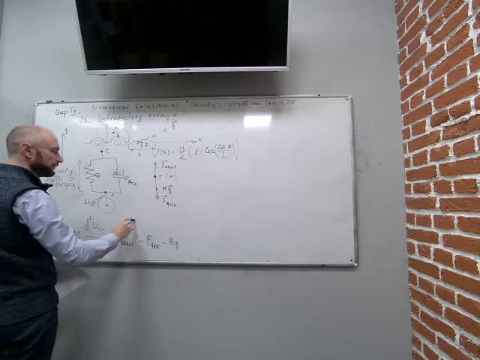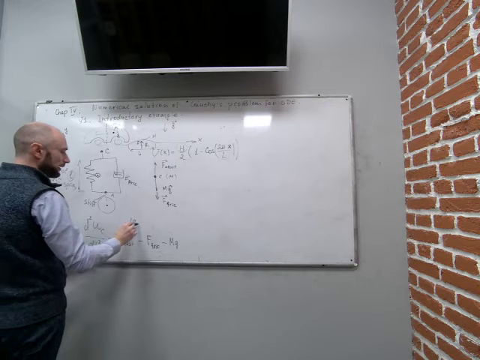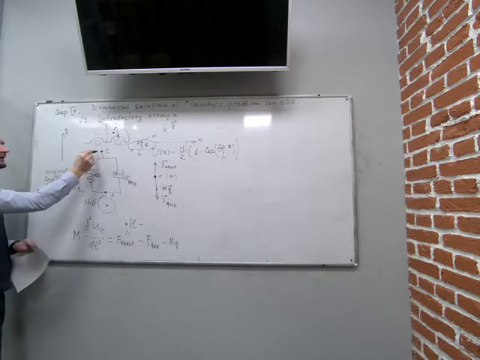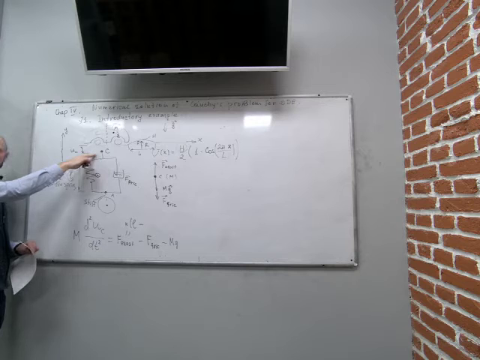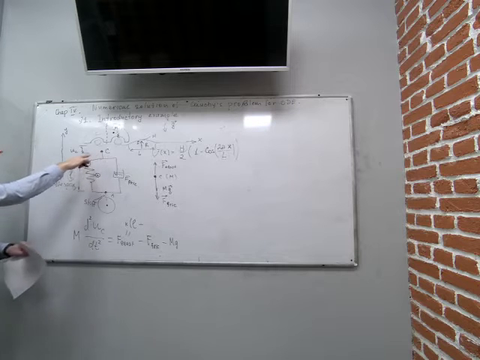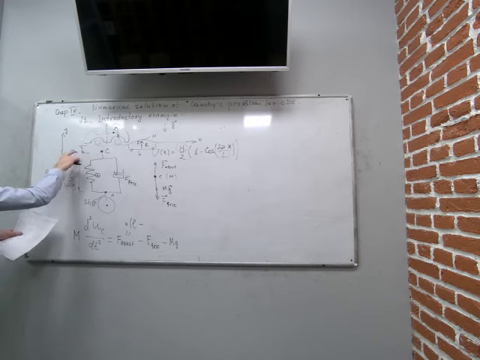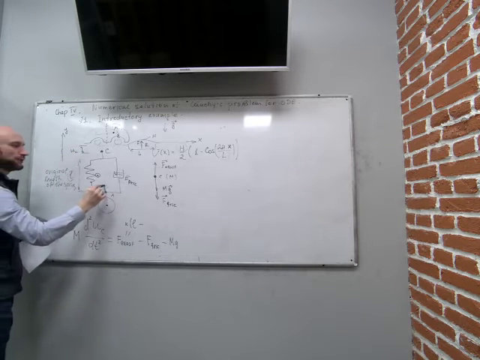So if the original length is L, then we have to subtract this shift of the point C from the shift of the point A.